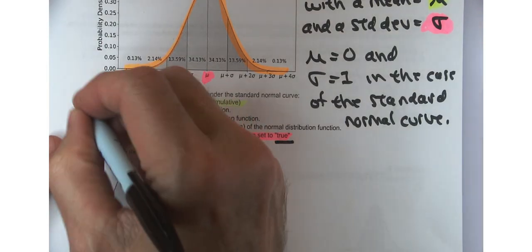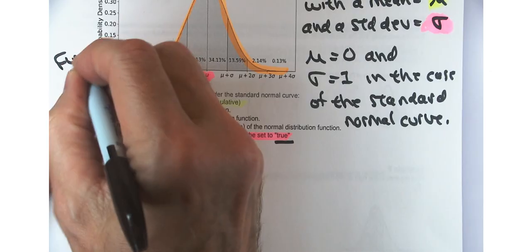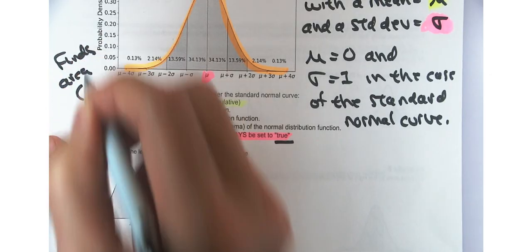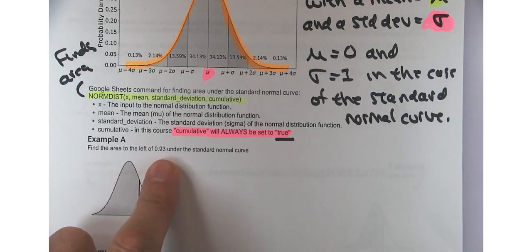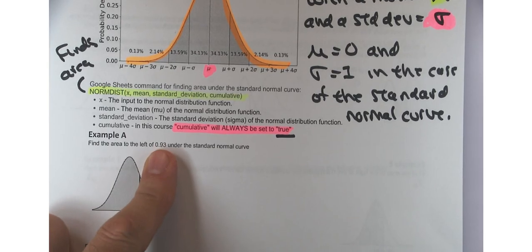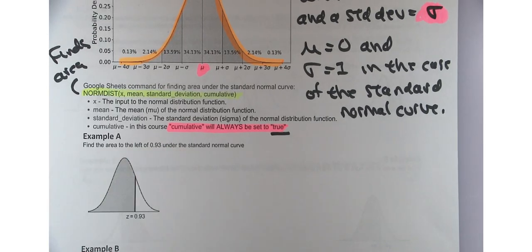So, finds area. And let's see what that's going to look like for this particular curve. It says find the area to the left of 0.93 under the standard normal curve. Now I want to start you off on a habit here that I would like to see you use a lot, and that is to think about what you expect here.